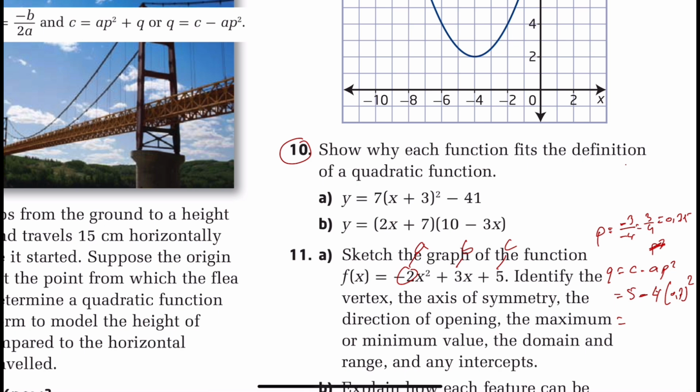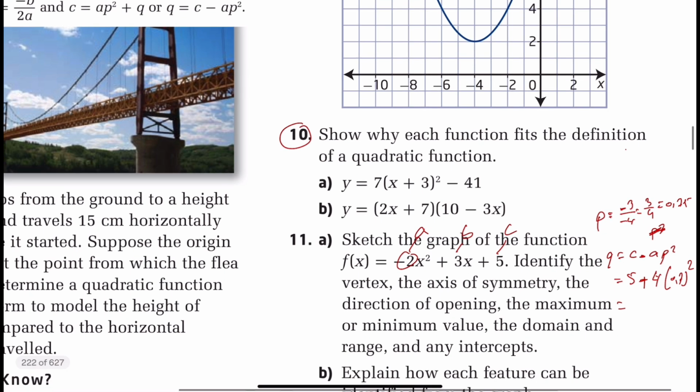Minus times minus is plus, because minus A minus A, it's plus, so it will give us 4 times, let me do that in the calculator, so it gives me 6.125. So my Q is 6.125.